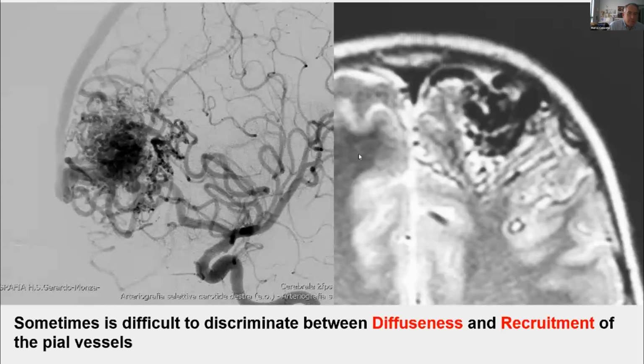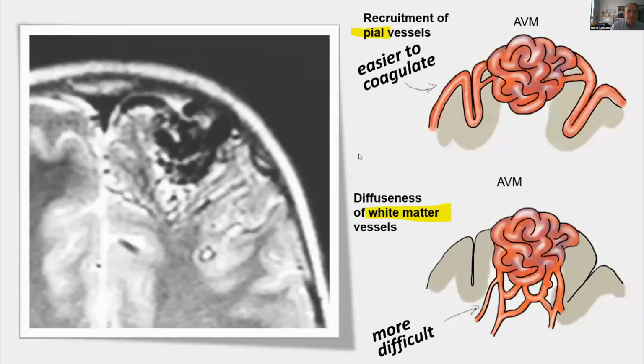Sometimes it's difficult to discriminate between diffuseness and recurrence. Also, this seems to be foggy. This is another AVM that seems to have very wide and not very clear margins. But at the end, this is not a diffuse AVM like this one here, where you have deep white matter vessels. All these impressions are, in the end, pial vessels that were recruited and go down in the sulcus and then come up, so they were very easy to take out.